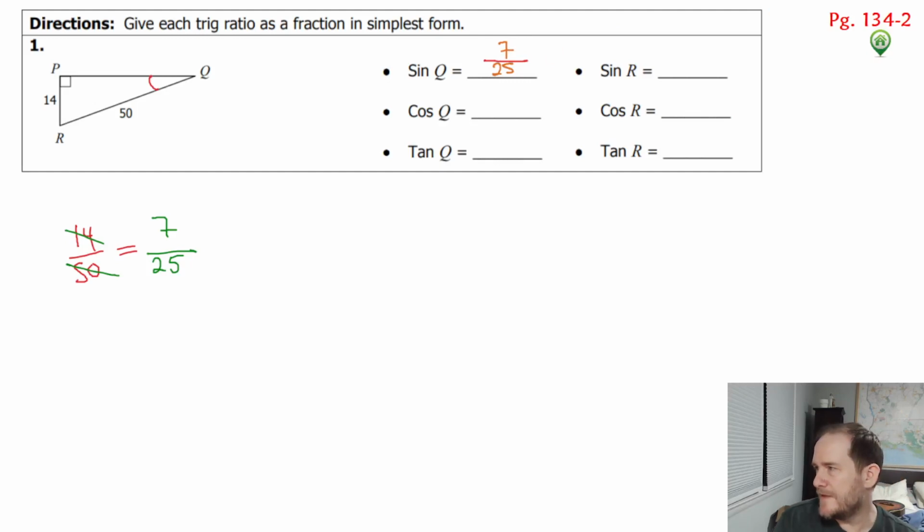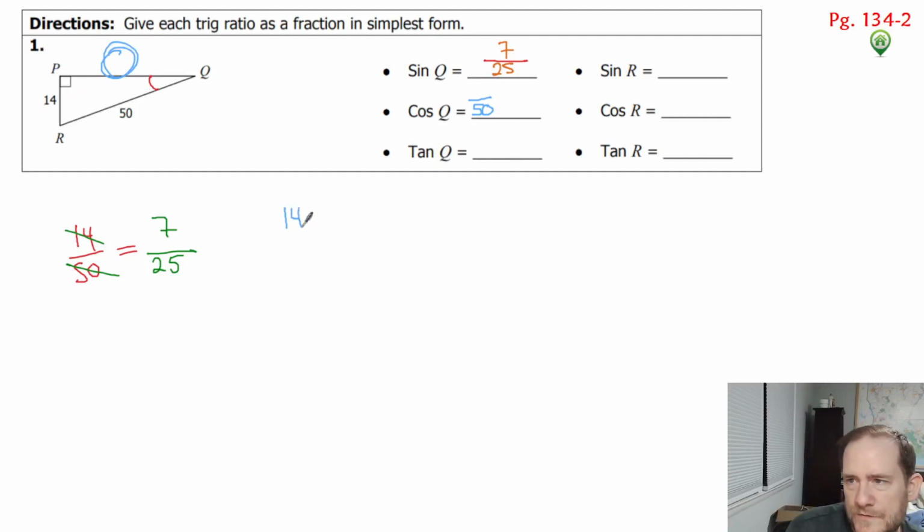Okay. Then if you try to do cosine, we get a bit of a problem, because cosine would be adjacent over hypotenuse. So I'm fine with the denominator. Denominator is going to be 50 again. But what's this adjacent side? We don't know. So you guys have to do Pythagorean theorem to solve.